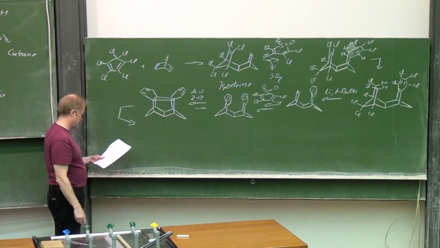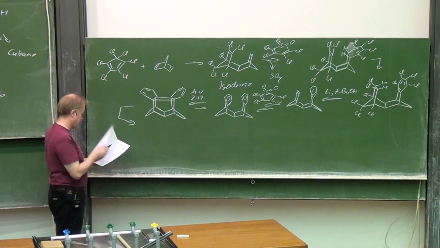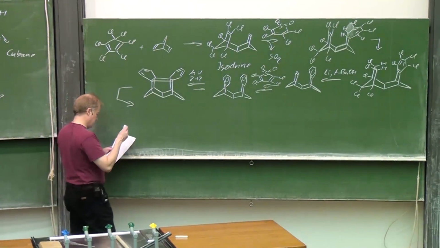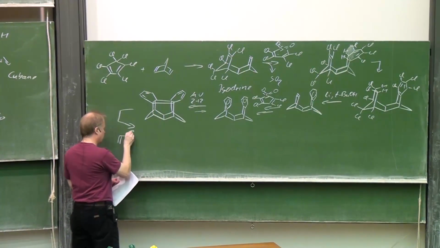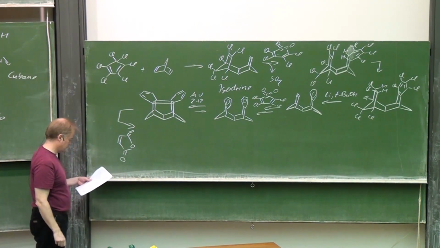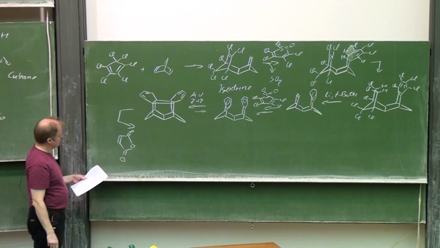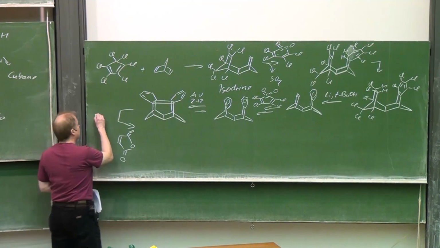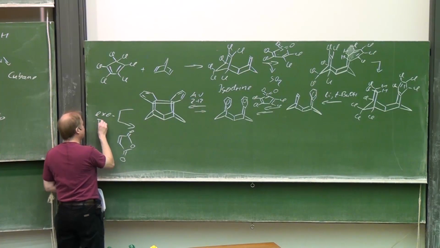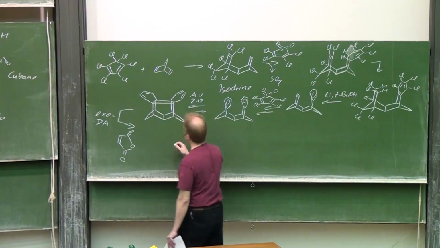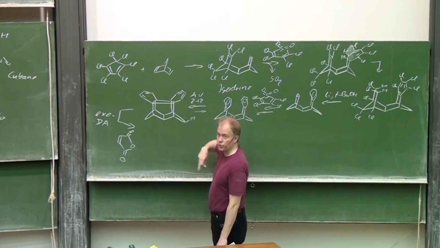And another very interesting step follows. Again, a Diels-Alder reaction, now with the well-known dienophile maleic acid anhydride. It's in this case an oxo Diels-Alder reaction, because endo doesn't work here.